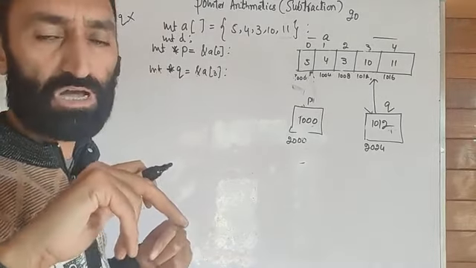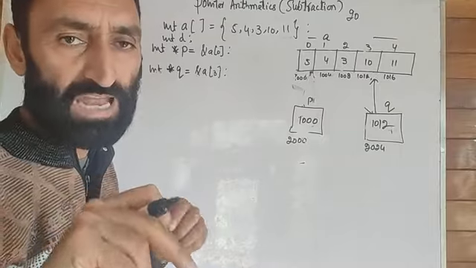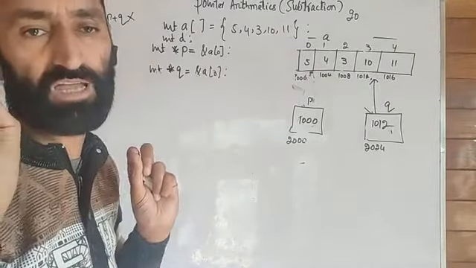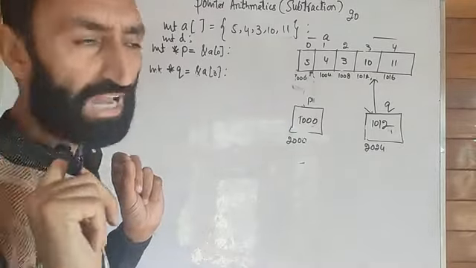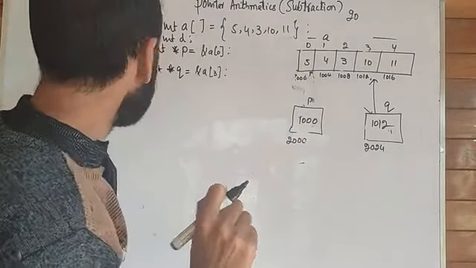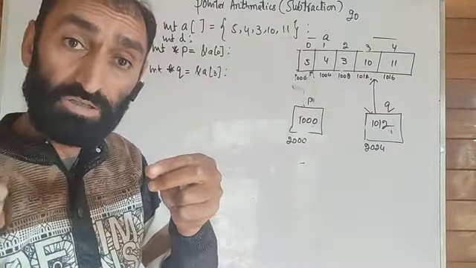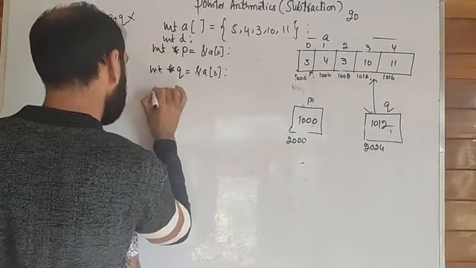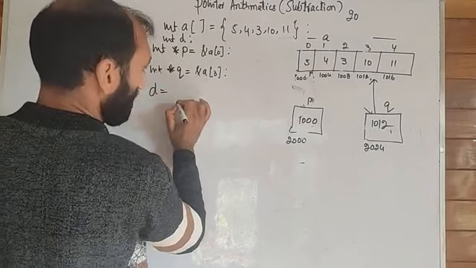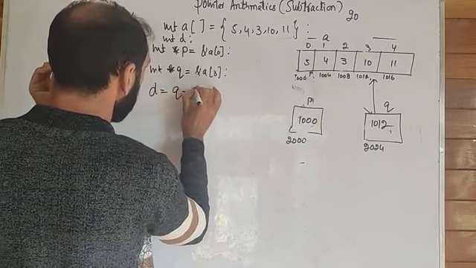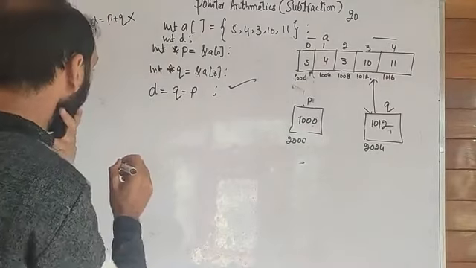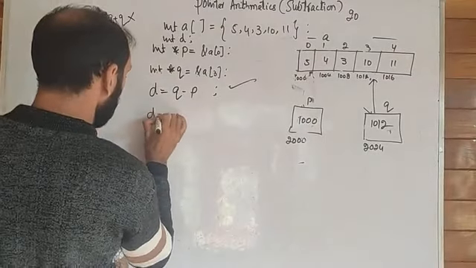We can add integers to a pointer variable, and in the same way we can subtract integers from a pointer variable, which returns an address. But we can also subtract two pointer variables. For example, D equal to Q minus P is legal.